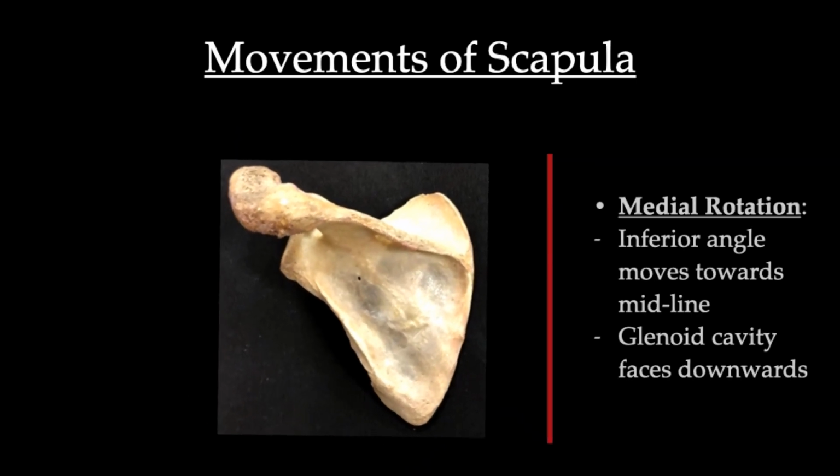The next movement is medial rotation of scapula. It is defined as the movement in which inferior angle comes closer to the midline and glenoid cavity faces downward.